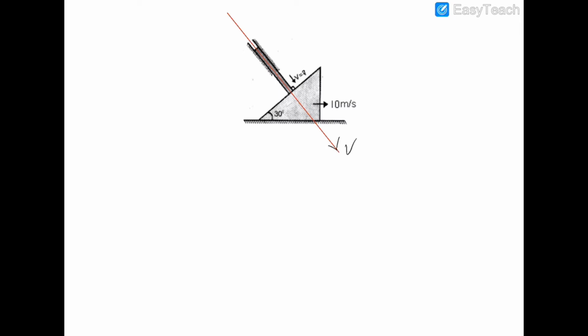You can see that the velocity V is already on the normal, and we have to join this velocity of 10 meters per second with the normal. So we have to identify the correct angles.